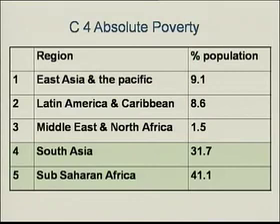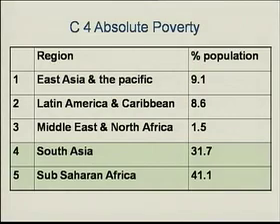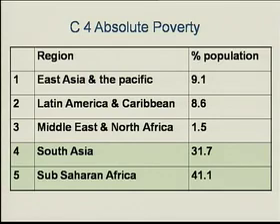As a ratio, the poverty incidence in sub-Saharan Africa, this must be in 2006 again, is more than 40%. That is, almost every second person that you find in the street, if you line them up, is a poor person. And if you come to South Asia, it's about 30%, which is every third person is a poor person. Now look at the Middle East and North Africa, it's 1.5%. East Asia, it's about 10%. So that is the incidence of poverty in those countries.